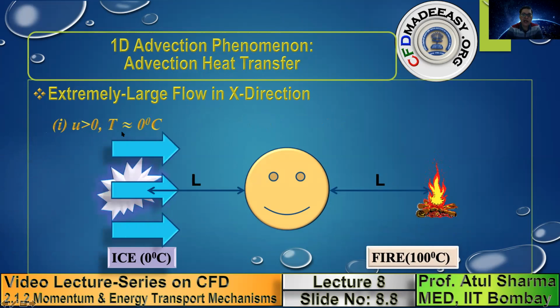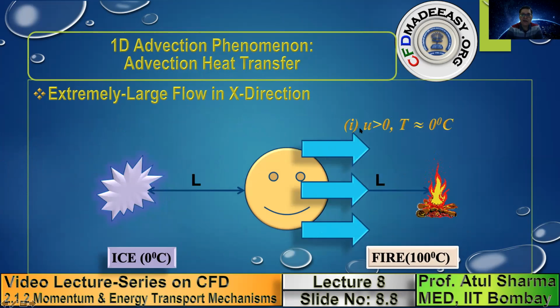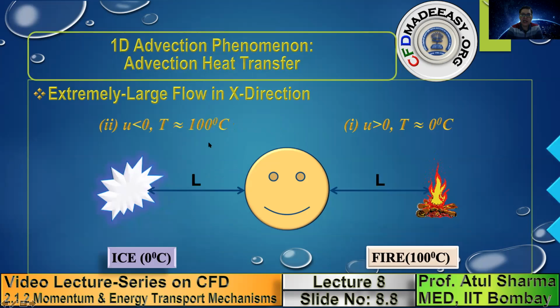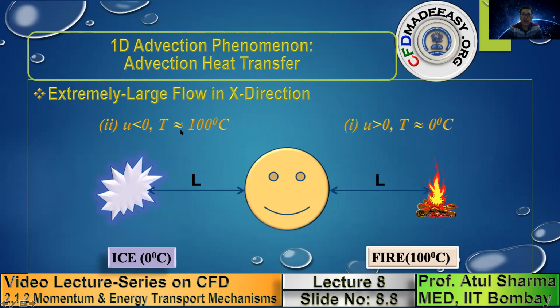If this large flow is from the positive x direction and the velocity is extremely large, then you can experience a temperature which is almost the same as ice temperature. If the flow velocity is extremely large in the minus x direction from the fire side, then for the 1D heat transfer case with negligible radiation, you can experience a temperature close to fire temperature.